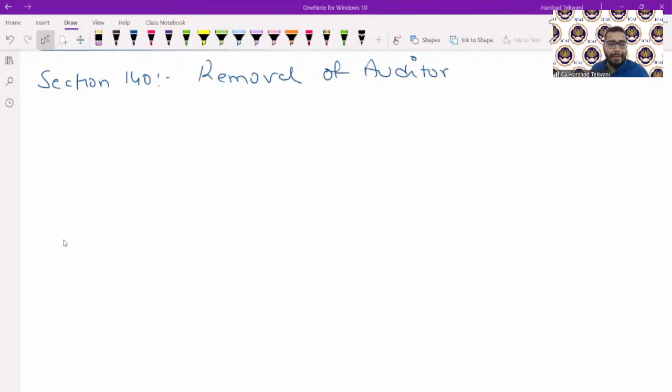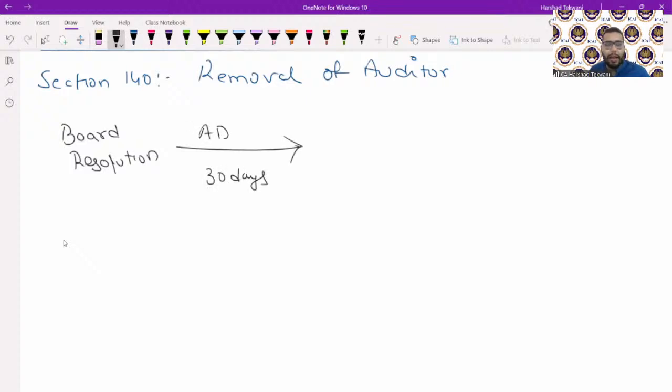Once you get an approval from the central government, you need to pass a special resolution within 60 days. Simple. So first it will start with a board resolution. In the board resolution, they will decide we need to remove the auditor before expiry of his term. Now within 30 days, they need to file ADT-2, where they will take approval of the central government.